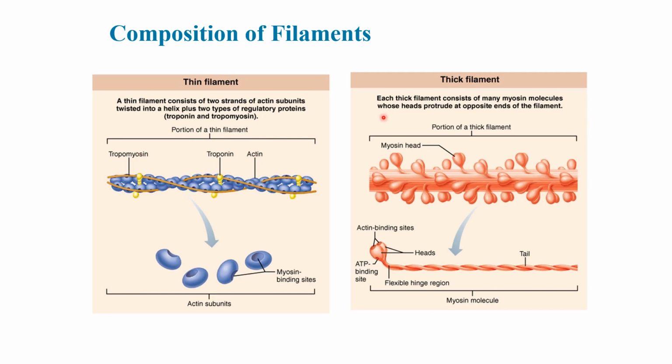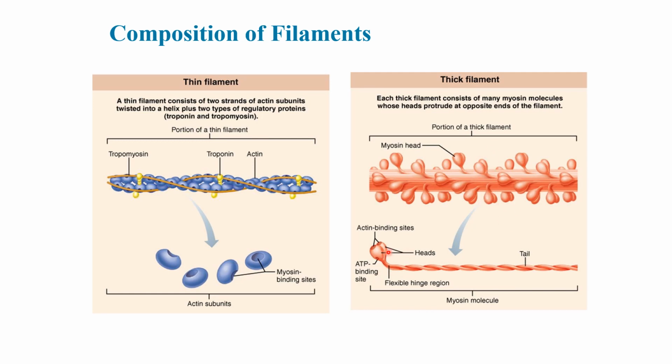The thick filament, on the other hand, is all myosin. Okay, it's all myosin, and myosin has two major, or shall we say 2.5 major structures. You have the thick filament tail, sometimes known as the heavy chain. This is the thick filament tail, and you can see the thick filament's actually composed of a whole bunch of those tails.